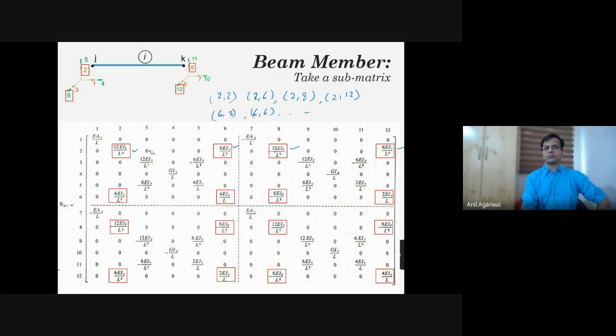Likewise, you can pick up those terms here, and you can see that all such coupling terms are marked here. Which are these degrees of freedom, 2, 6, 8, 12? What type of member do they correspond to? If I pick these 4.